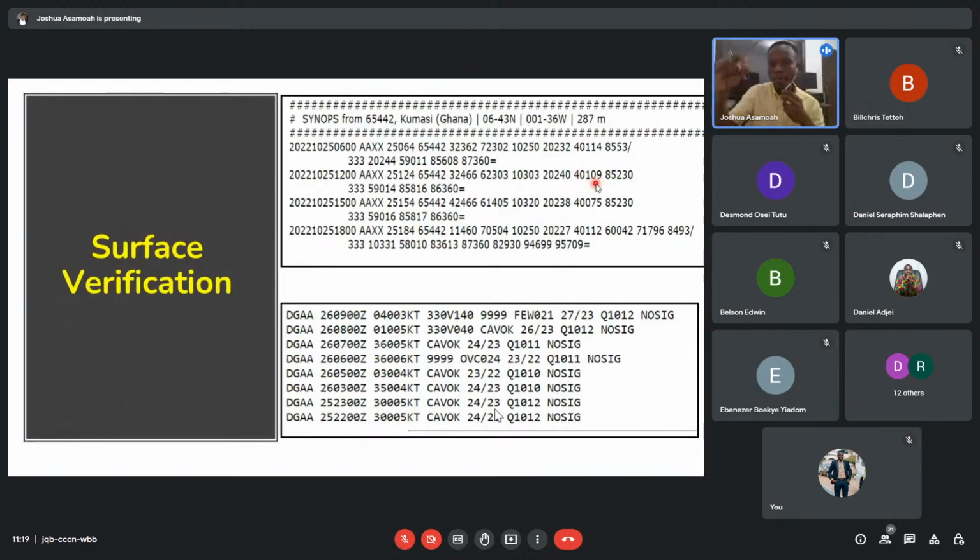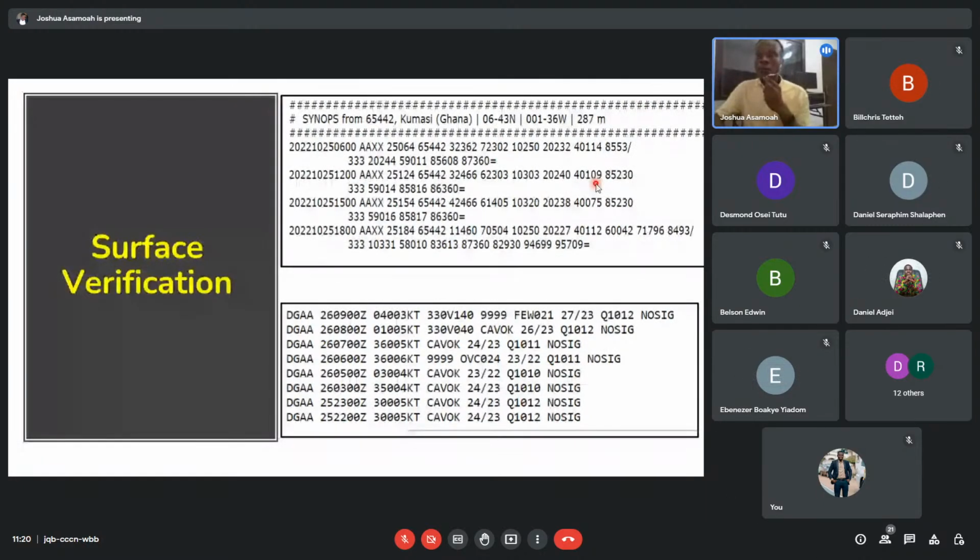So if you are seeing the figures there without the 0, and then you have, let's say, 4, 9, 9, 5, 4, you will not have 1995.4. That will not be the pressure. So the pressure will just be the 995.4 without the 1. I don't know if it makes sense. So you just pick it as it is. But for the ones you're seeing 00 there, you just bring 1 before, and then you add the others.